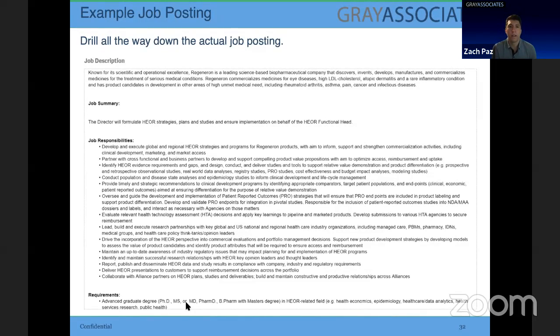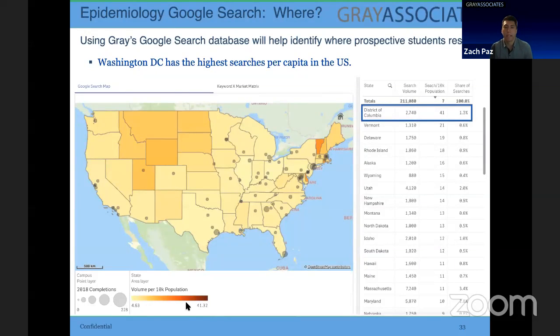One other section that I wanted to dig a little bit more into for epidemiology was around interest. Leveraging our Google search database, we can understand where students, prospective students, are searching from, where they actually reside. Here's a map on the left that shows searches per 10,000 population.